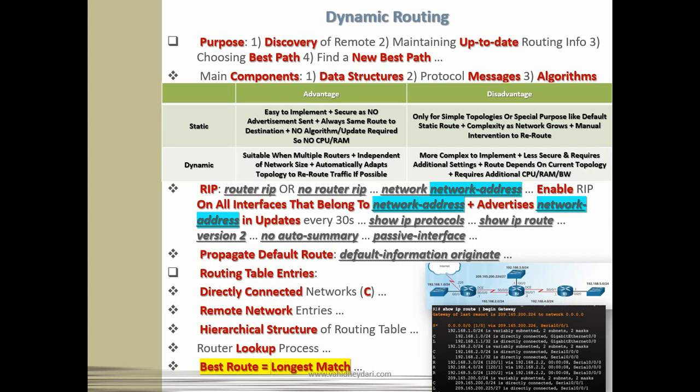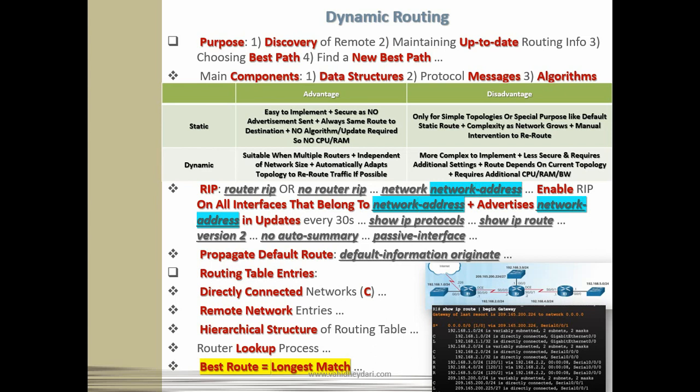So the commands that we need to provide on R1: we use ip route 0.0.0.0, the network, then subnet mask 0.0.0.0. Then we specify the outgoing interface serial 0/0/1, and the next hop for the internet cloud, in this case 209.165.200.226.